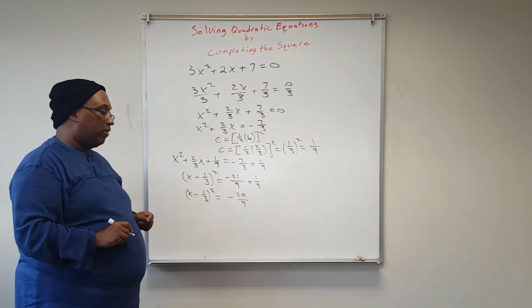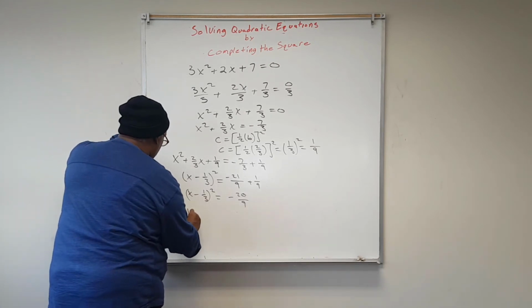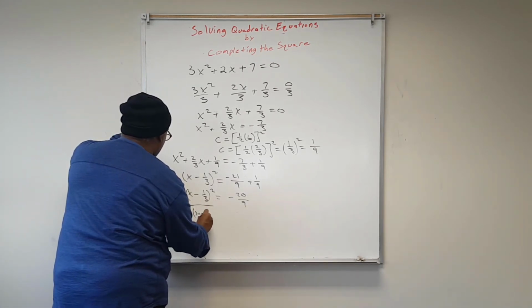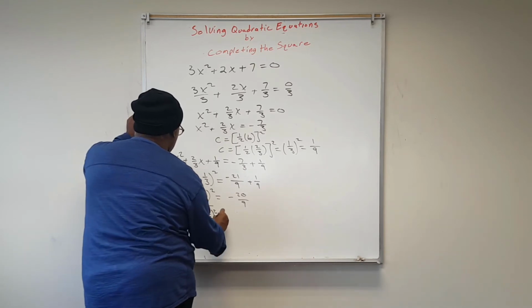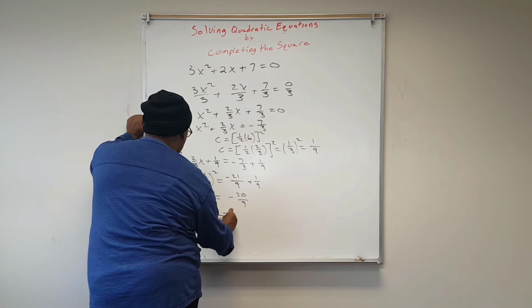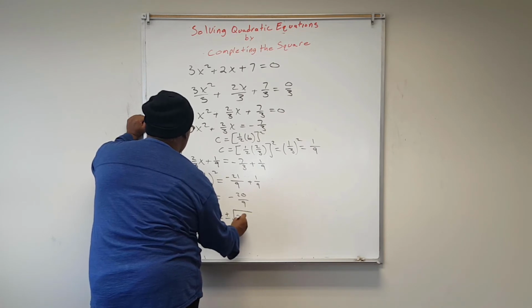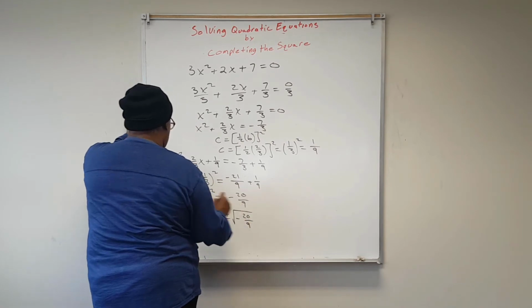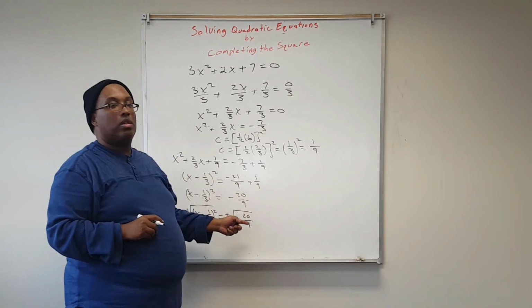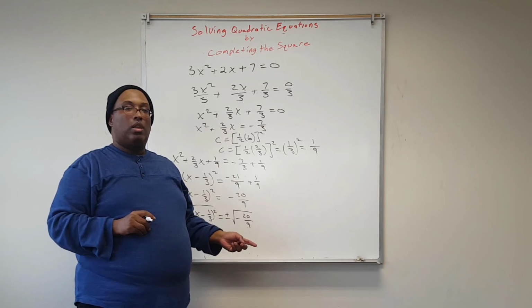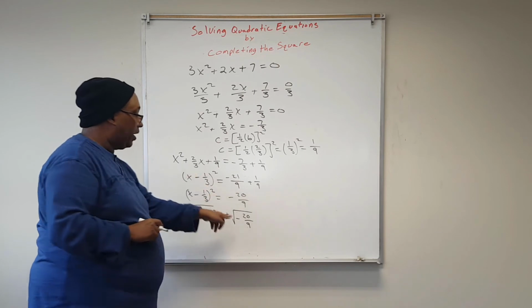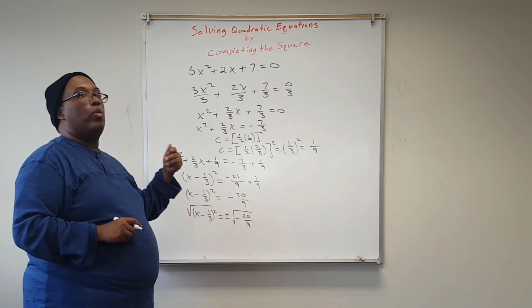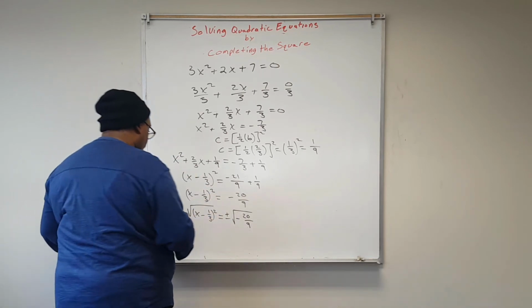Take the square root of both sides. x plus 1/3 equals plus minus square root of negative 20 over 9. 20 has a perfect square in it, which is 4 times 5, so we can pull out the 4, but it's negative 20, so we need to take out an i.